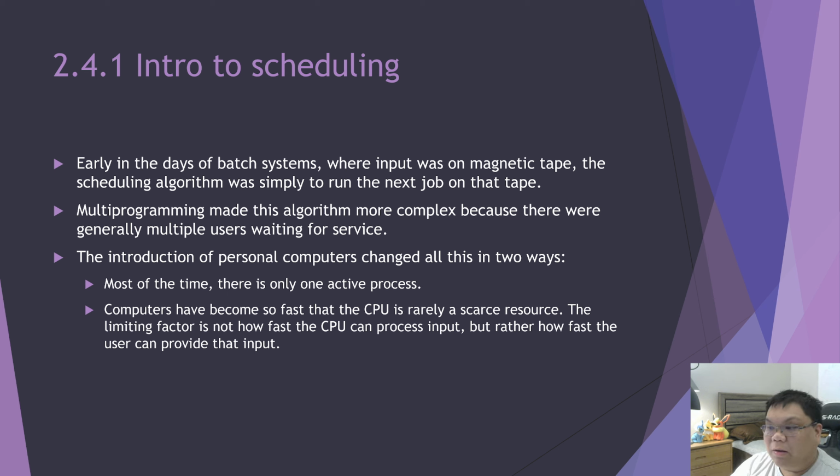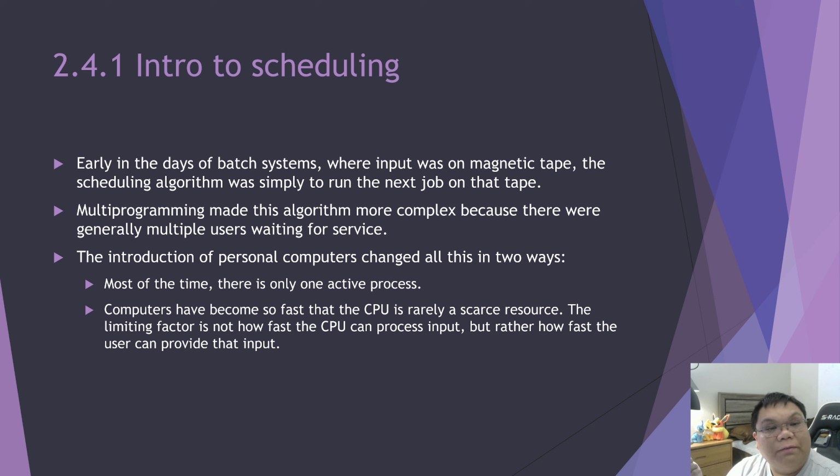Multiprogramming makes this more complex because there are multiple users waiting for service. And the introduction of personal computers makes this a lot different in two ways. Most of the time, there's only one active process, and we've reached a point where the CPU is rarely a scarce resource.